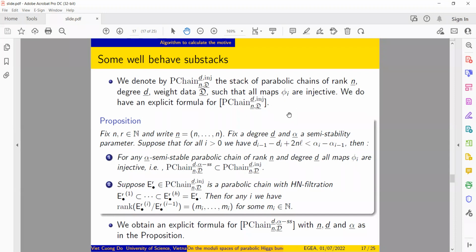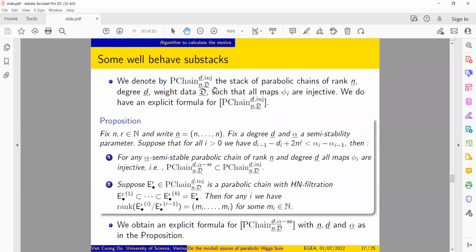Now for the special case when the rank is the same and satisfies a certain condition about semistability, I saw that Porrick chains that are alpha stable in this case are in fact a substack of the well-behaved substack I defined over here.